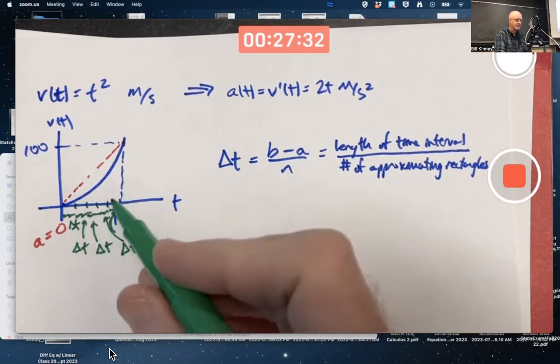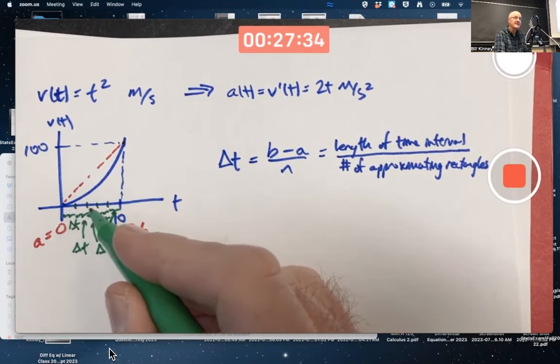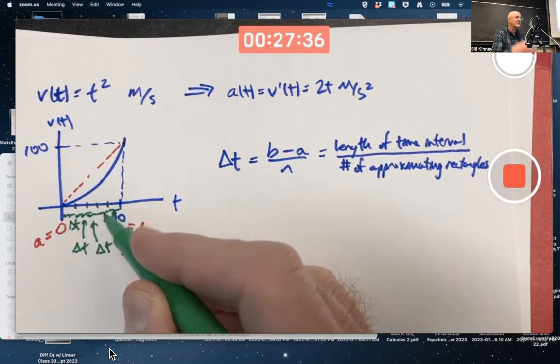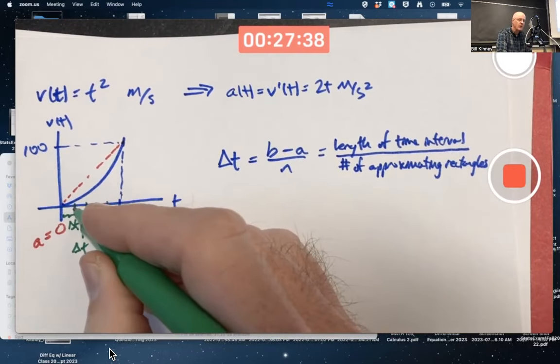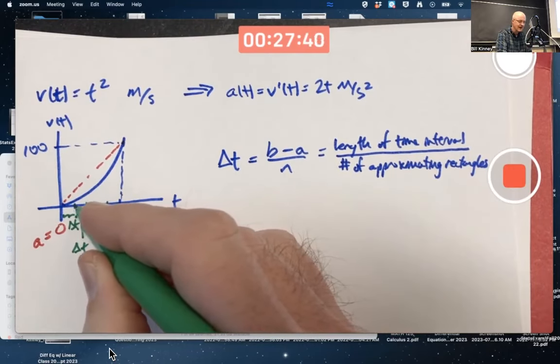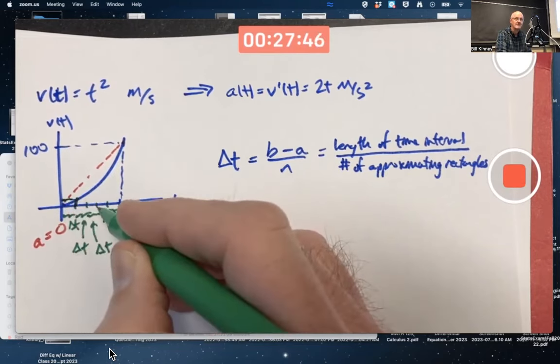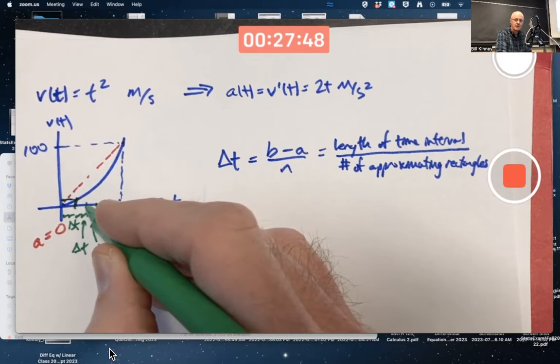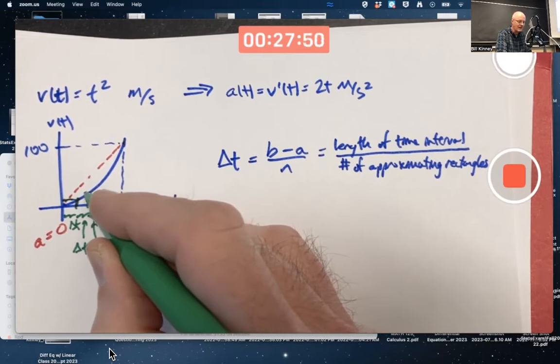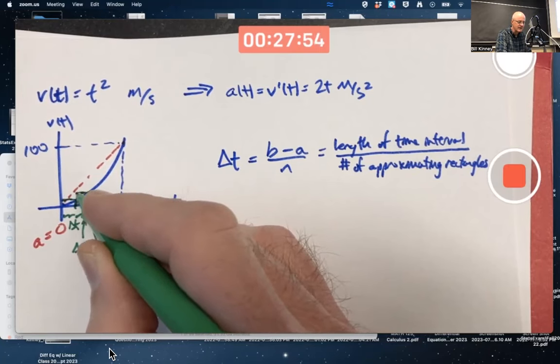Here's one way to do it. For each one of these little sub-intervals of the bigger interval, go to the right endpoint, and at that right endpoint, go up to the curve and then over, making a rectangle. Next subinterval, go up to the curve, go over, not all the way over to the vertical axis there, but over to the previous value of t right there.